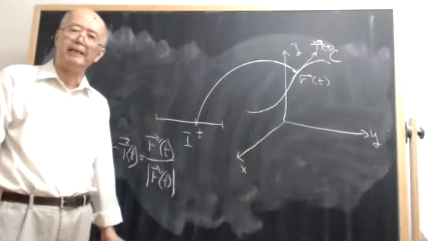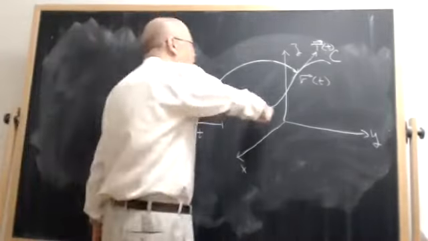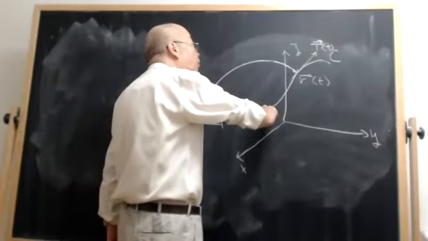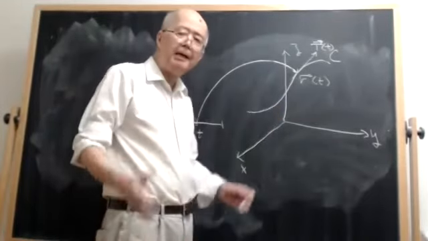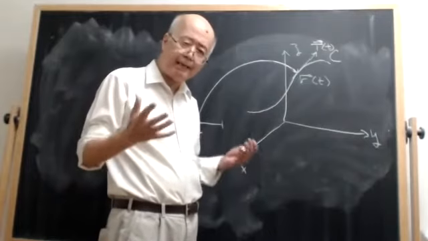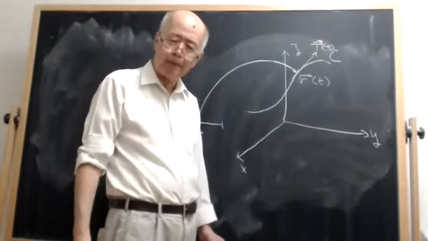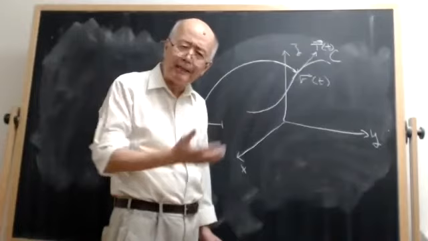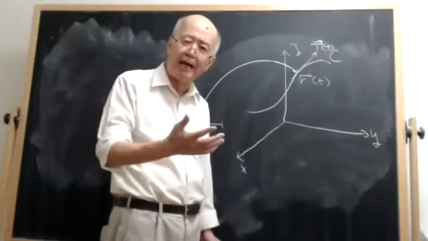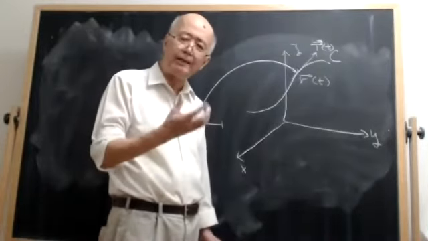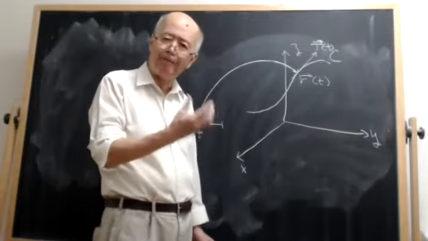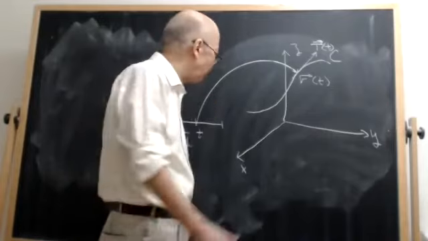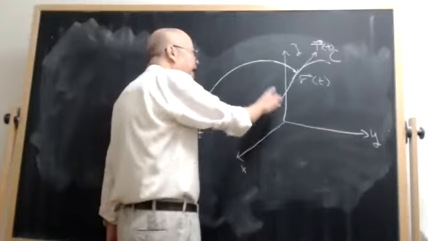All right. Now, at each point on the curve, there is a unit tangent vector. And we want to see the rate of change of this unit tangent vector with respect to the arc length.